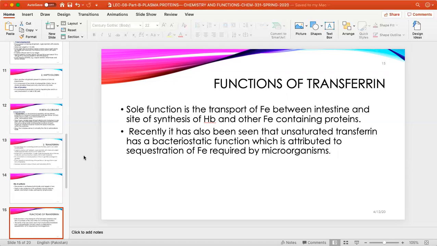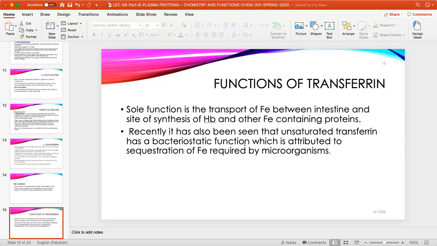Next, we go to slide number 15. What is the function of transferrin? The function of transferrin is to transport iron between the intestine and the site of synthesis of hemoglobin. It has also been seen that unsaturated transferrin has a bacteriostatic function.